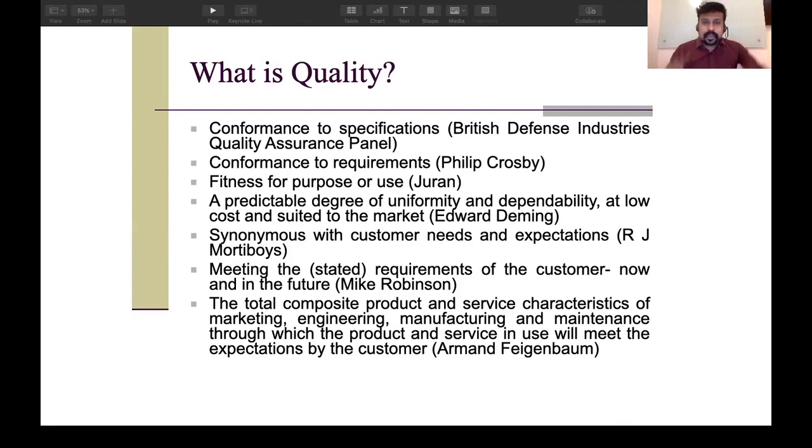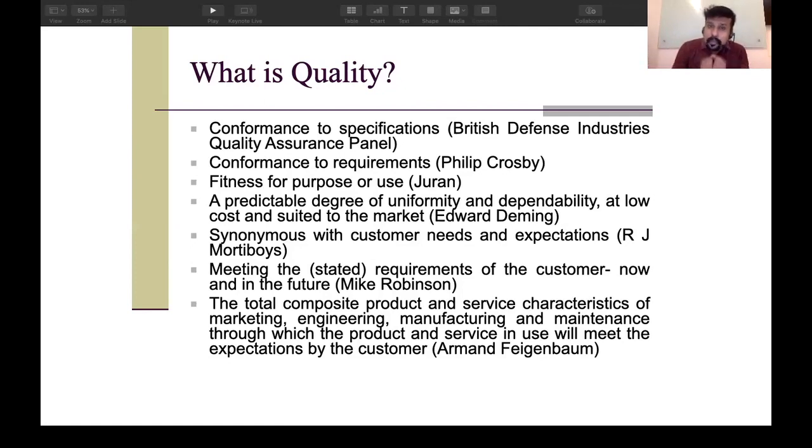Now, coming to the last definition, it's a total composite characteristic of the first one: engineering, then manufacturing, then marketing, then maintenance. So you design a product, then you manufacture it, then you are marketing it, reaching your customers.